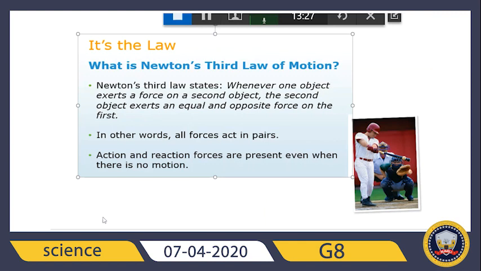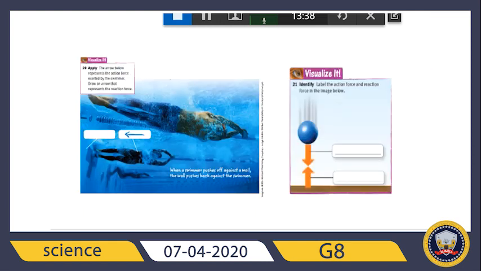So as we said, again, whenever an object exerts a force on a second object, the second object exerts an equal force, but it will be what? In the opposite direction. So here we have two objects. We have the swimmer, and we have what? We have the wall, okay, of the swimming pool.